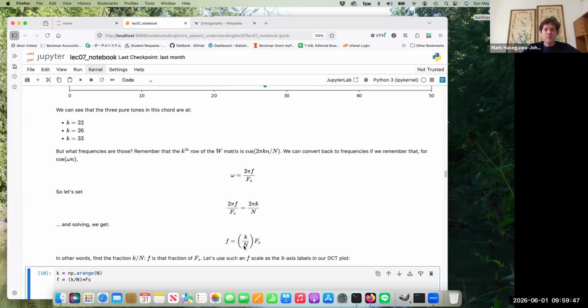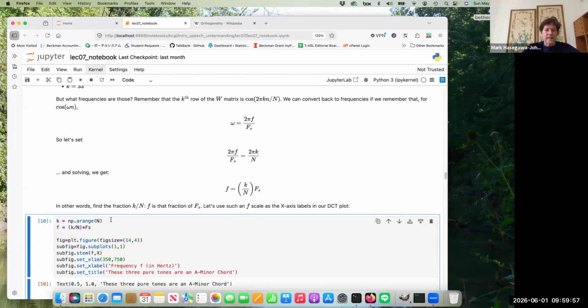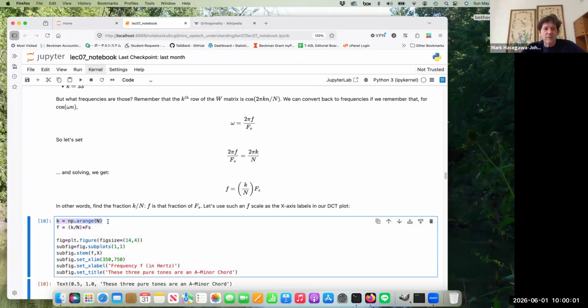So 22 over 400 times 8,000, 26 over 400 times 8,000, 33 over 400 times 8,000. We'll set K as the indices between 0 and 400, and F will be the frequency in hertz.